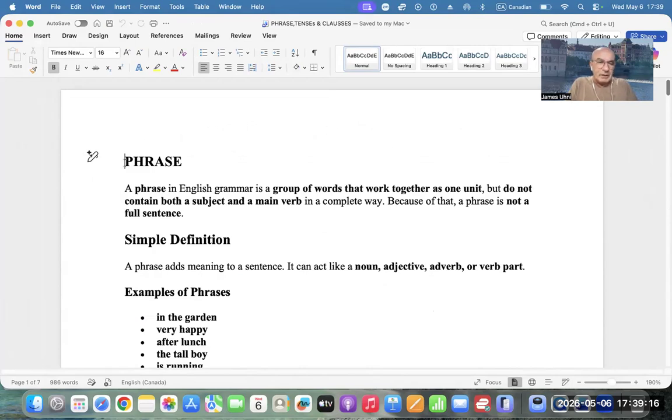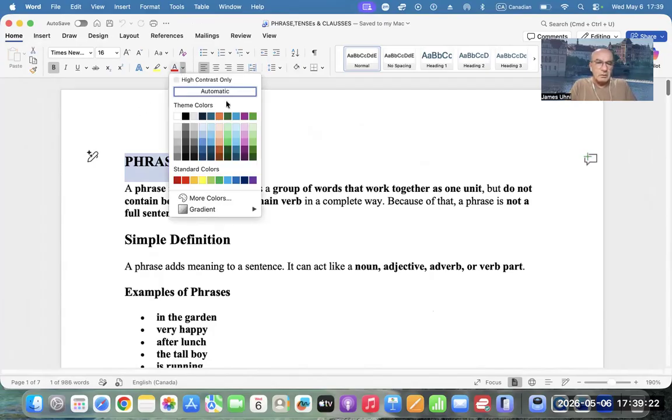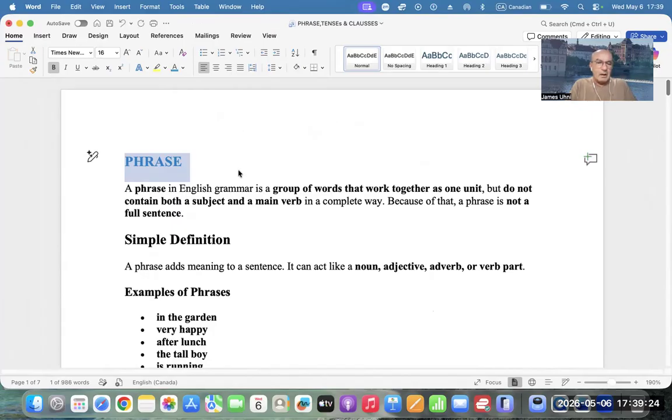So what is a phrase? A phrase is, in English grammar, a group of words that work together as one unit. So, for example, in the garden, it's a phrase. It is one unit.